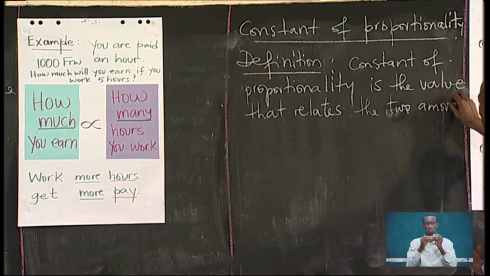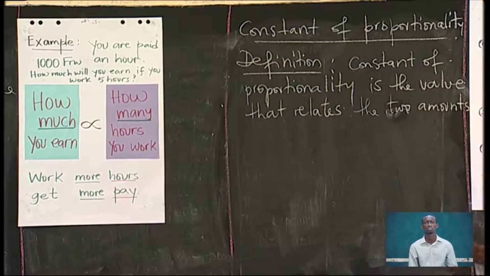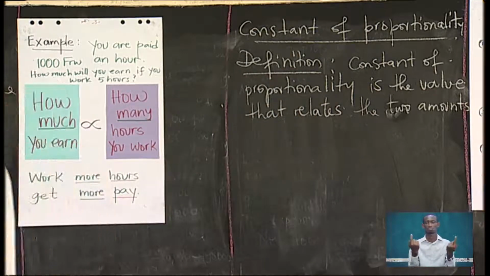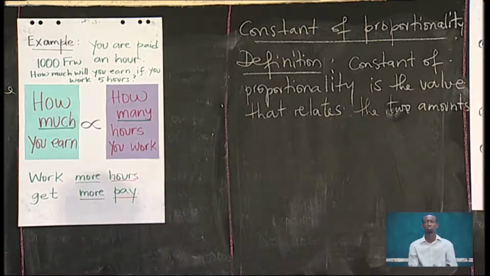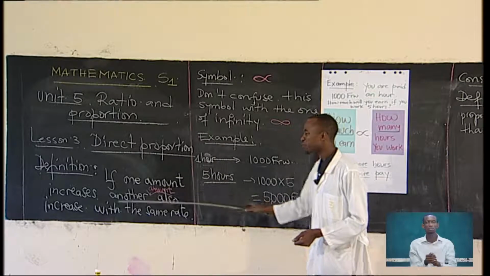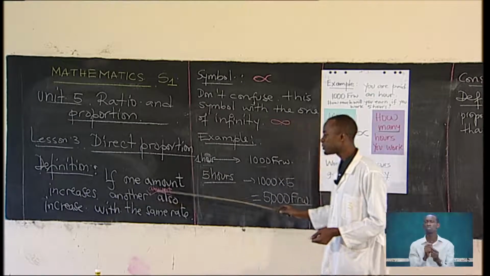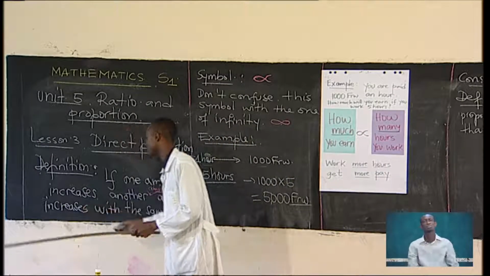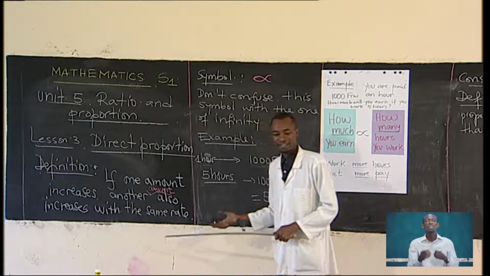The two amounts. Do you look at this? We have two amounts. You remember what we talked about before. We were explaining direct proportion. If one amount increases, another amount also increases with the same rate.